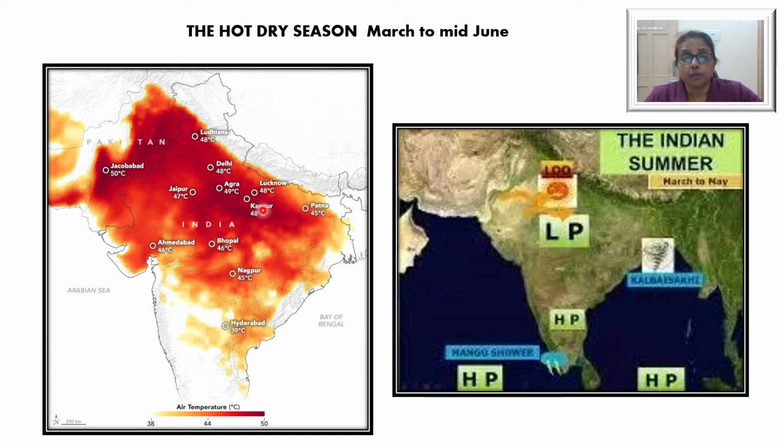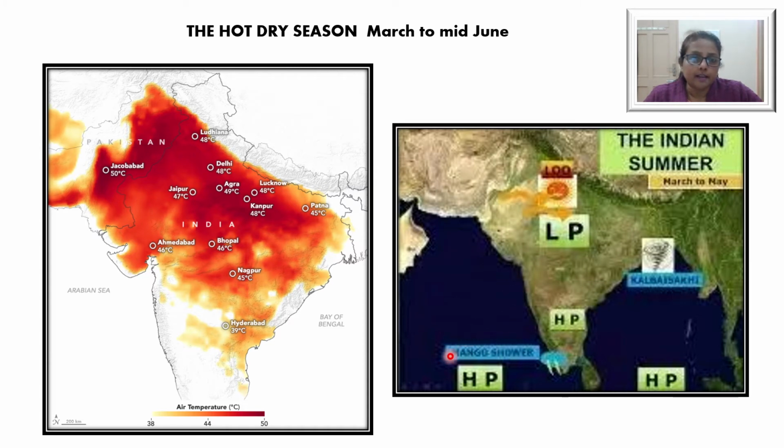Now the land mass of Asia becomes intensely hot, and low pressure begins to form in the central part of the subcontinent. Here we can see an intense low pressure is being created over here. Now, the land during this time is very hot, while the sea is very cool.